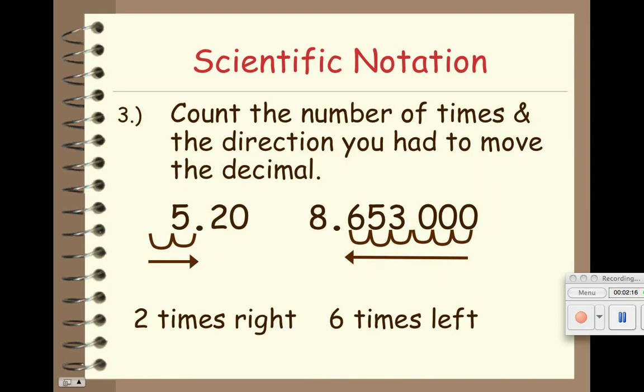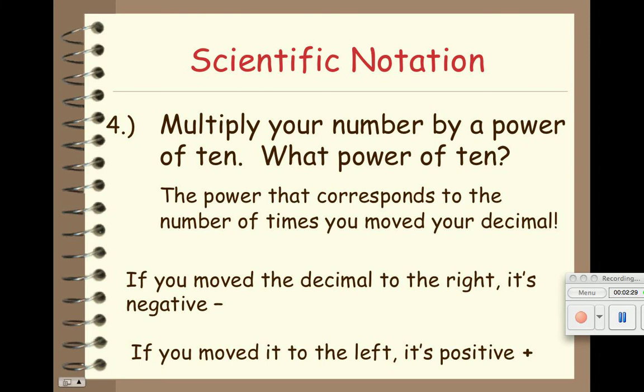Then I count. In my first example, I moved my decimal 2 places to the right, and in my second example, I moved my decimal 6 places to the left. So, in scientific notation, I have two factors that are multiplied. One is a number between 1 and 10, and we've seen how we got that.